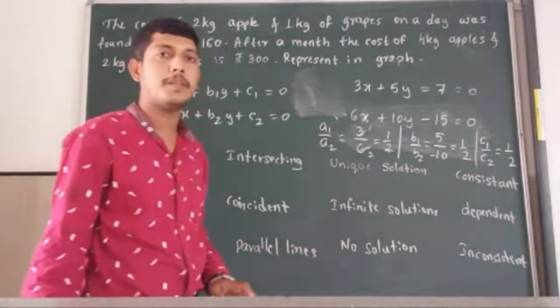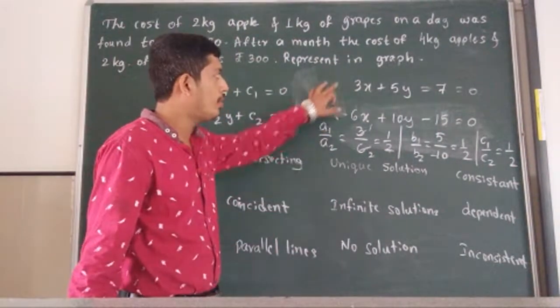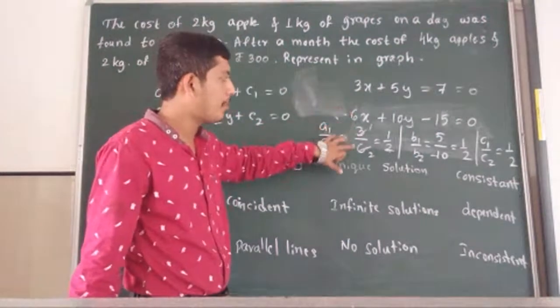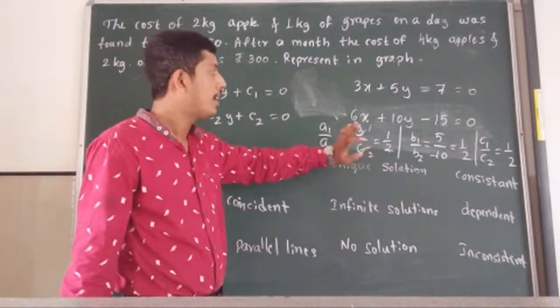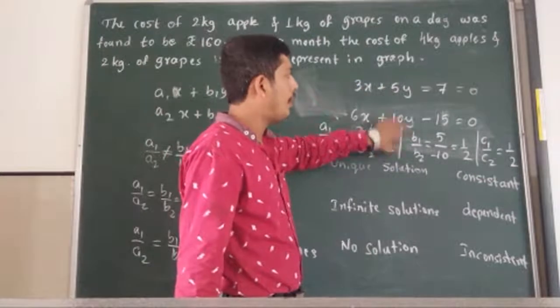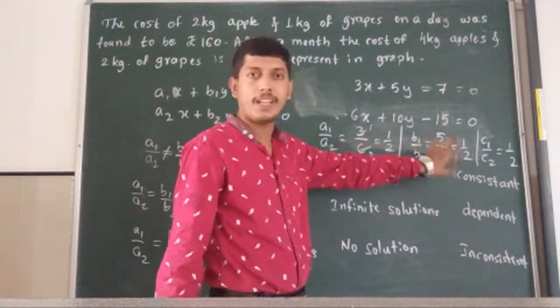Now what does it become? A1 by A2 is 3 by 6, which gives 1 by 2. Then B1 by B2 is 5 by 10, which again gives 1 by 2.